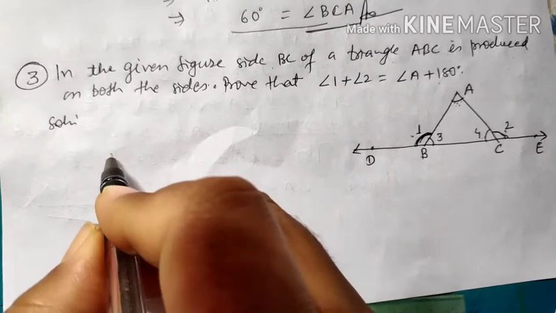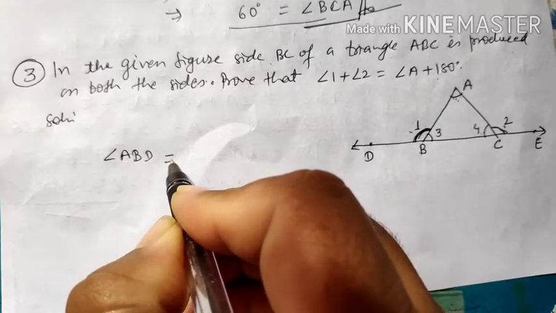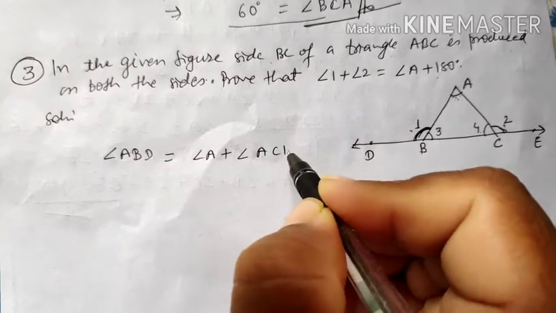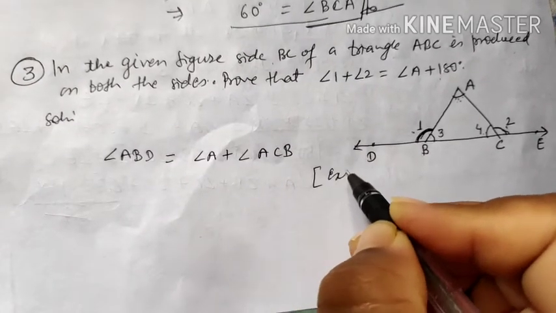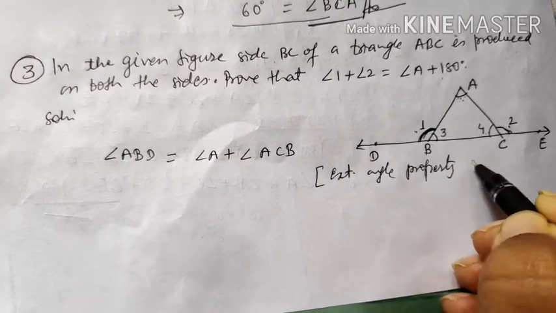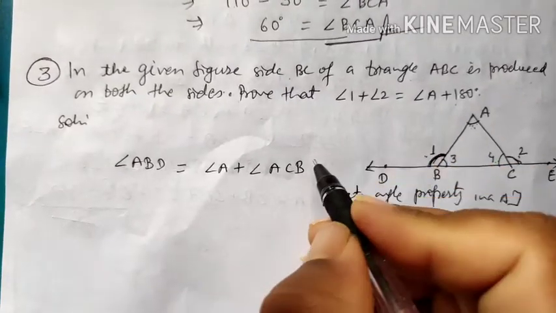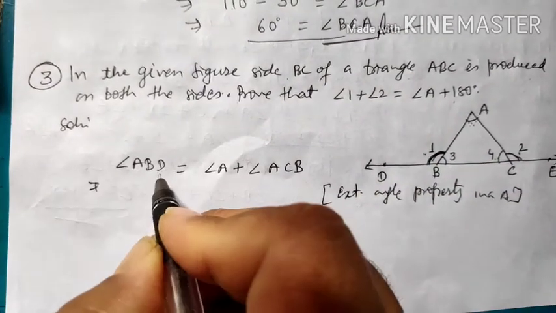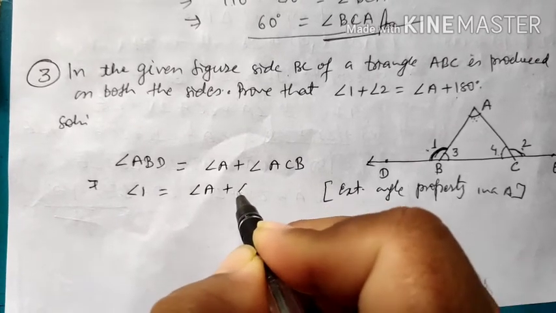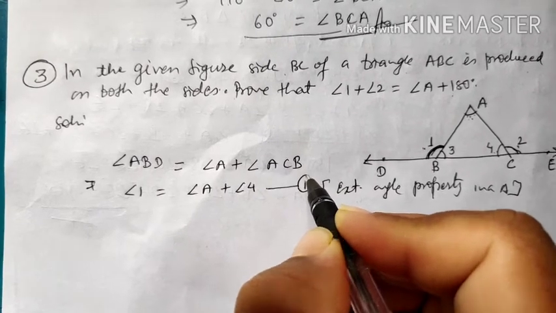So we may write angle ABD must be equal to angle A plus angle ACB, exterior angle property in a triangle. Now this implies angle ABD, that is angle 1, equals angle A plus angle 4. It is equation 1.